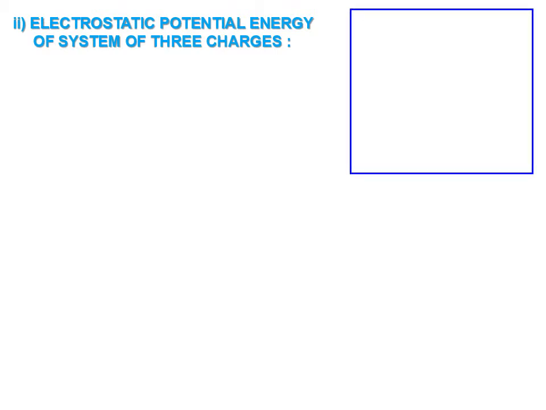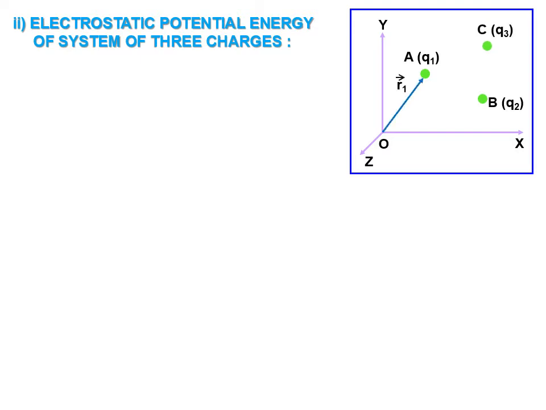Now let us take the potential energy of a system of three charges. If you have more than two, let us consider three charges. We imagine again a coordinate plane. We will be considering three charges Q1, Q2 and Q3, with position vectors R1, R2 and R3.